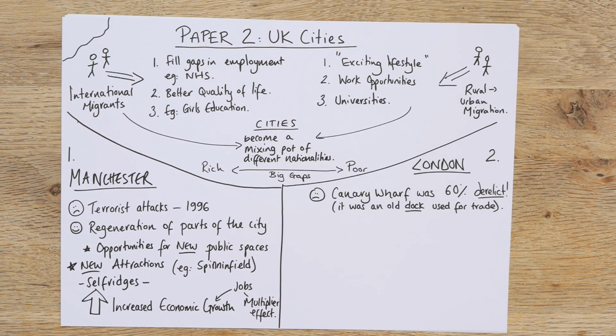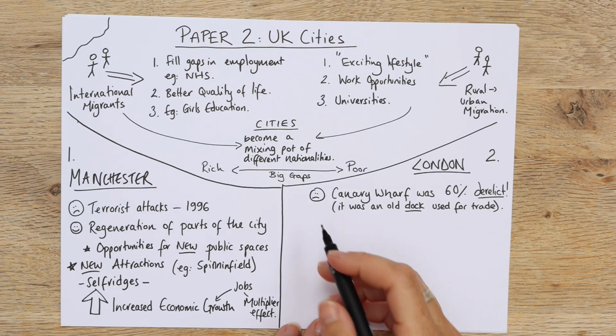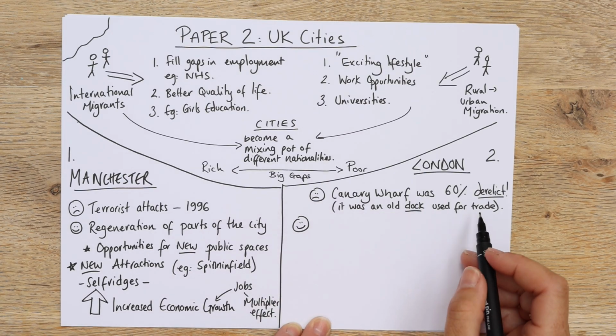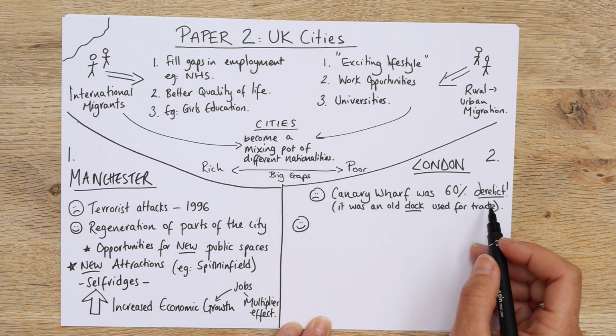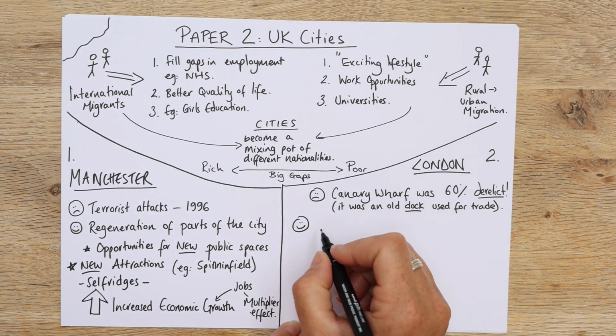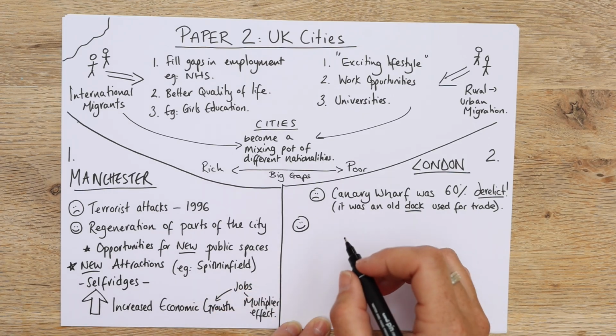This was a dock with a very basic level of trading, and 60% of it was derelict, so it was a bit of an eyesore for the community. And we know when places are derelict, they can lead to additional crime and issues. So what was amazing is they completely remodeled it.